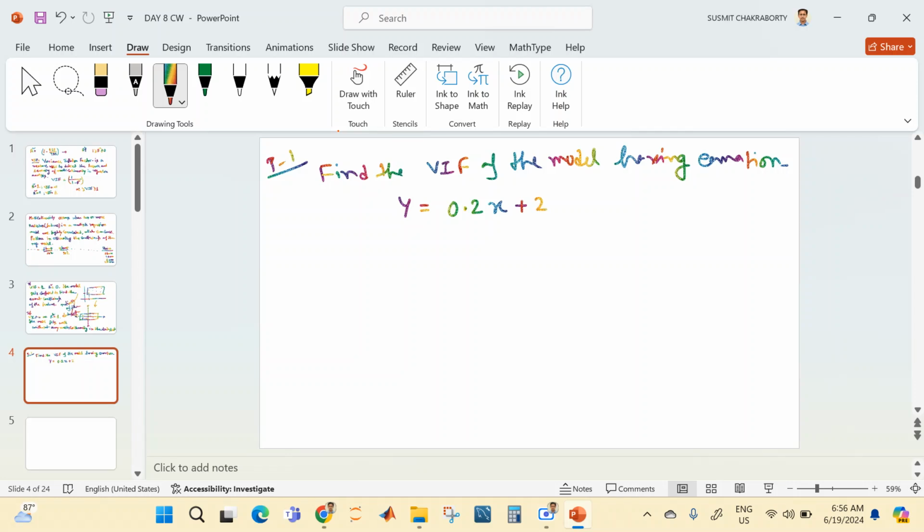This is the model, it is given. You have to find the VIF using the given data set. The data set is also given.